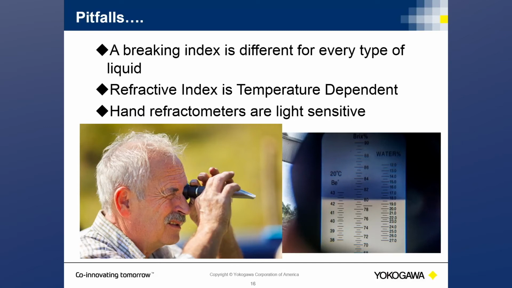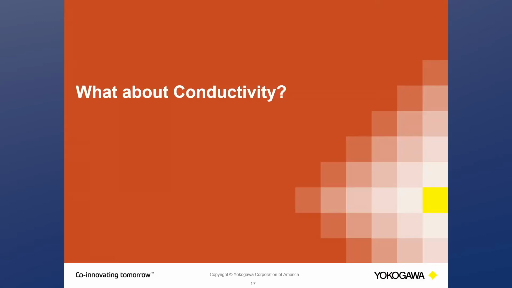The image shown on the right is what you will see if you were looking through a refractometer and you focused it, where the index point is and what concentration it relates to. So you can easily tell that if you don't have good light, it's going to be hard to interpret that contrast area, as well as if it's not focused correctly, it's going to be hard to interpret that reading area.